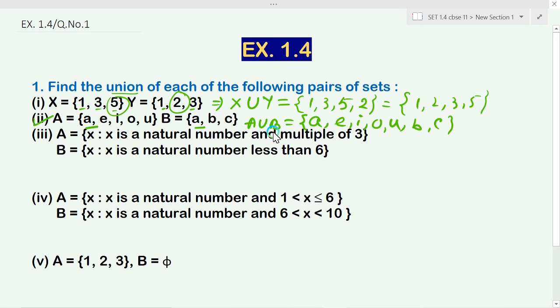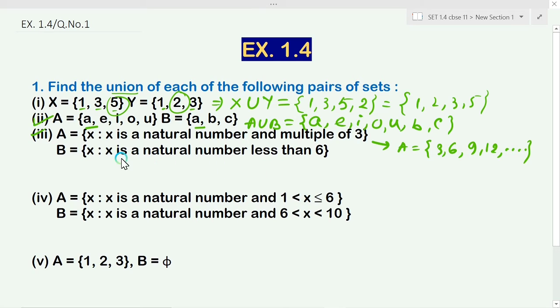Okay. Now the third question is A equals to X such that X is a natural number and multiple of 3. So we can represent this set as A equals to 3, 6, 9, 12, and write some dots because it goes to infinity.